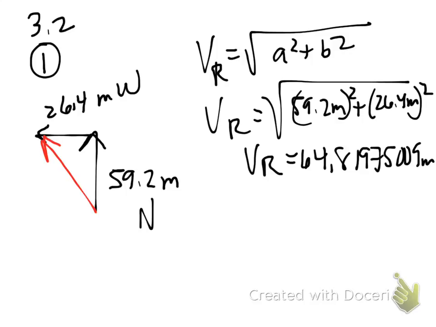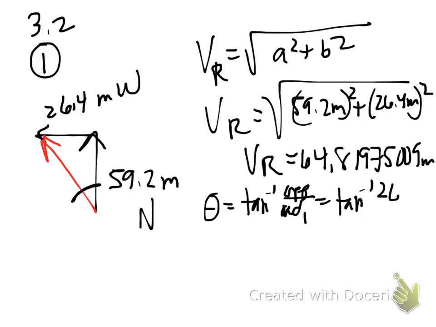And then our angle, we're looking for that angle for a heading. Theta is equal to the inverse tangent of the opposite over the adjacent, which is going to be inverse tangent of 26.4 meters over 59.2 meters.